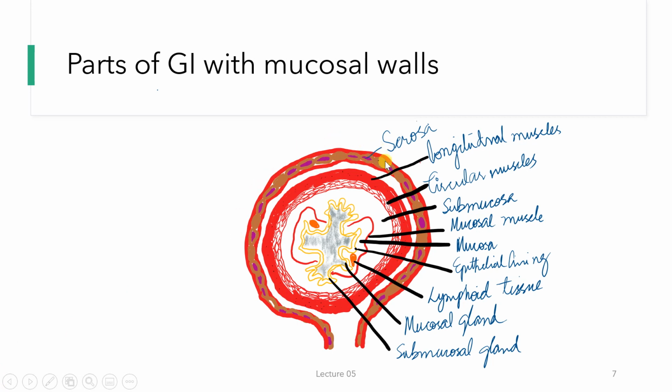This part is serosa, followed by the longitudinal muscles, circular muscles, submucosa and mucosal muscles, mucosa and epithelial lining, lymphoid tissues, mucosal glands and submucosal glands. For a complete elaboration of the anatomy and dynamics, I would refer you to watch a video on YouTube. The link would be provided in this video's description.